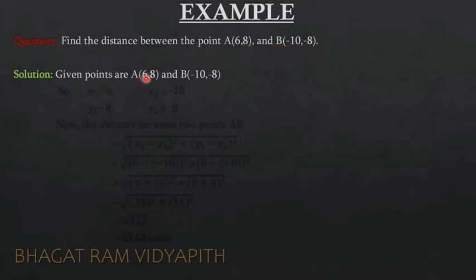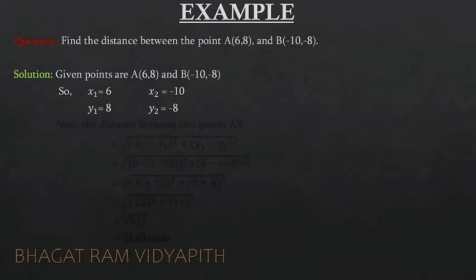So we have two values for abscissa or x, which is 6 and -10, and two values for ordinate or y, which is 8 and -8. So let's write them down. x1 is 6 and x2 is -10. Similarly, y1 is 8, y2 is -8.